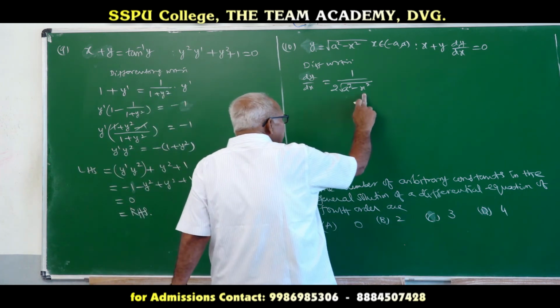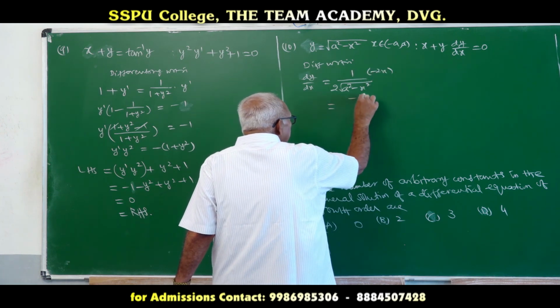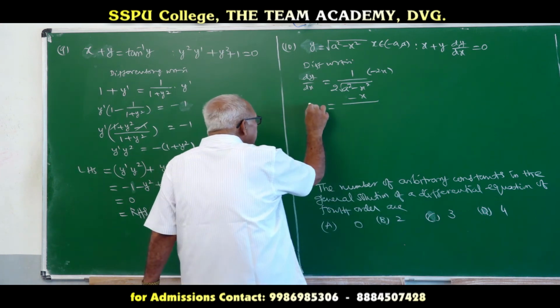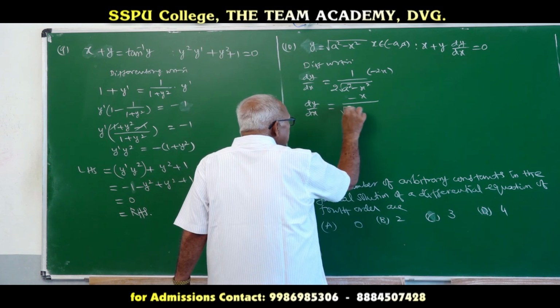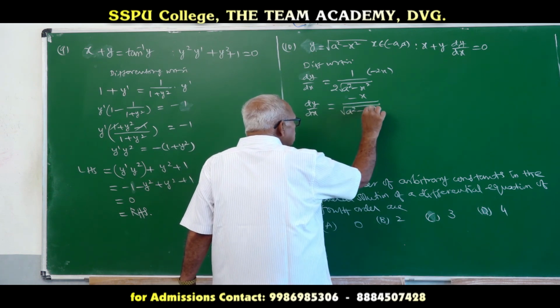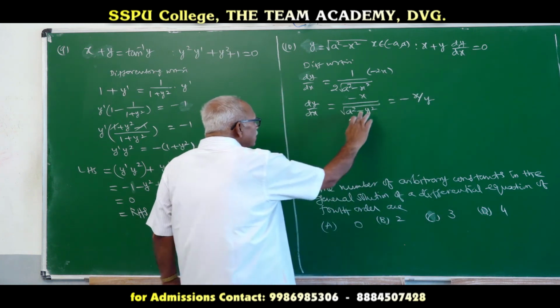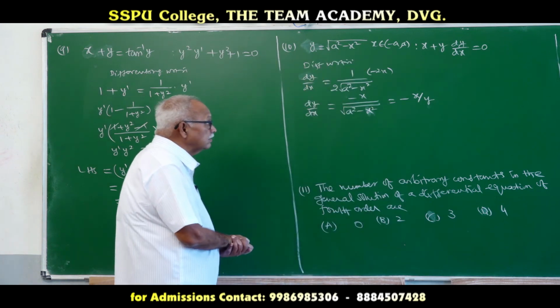A square minus x square, if you differentiate, you get minus 2x. So, on simplification, what is dy by dx? Minus x by square root of a square minus x square, which is y, that is the given function.